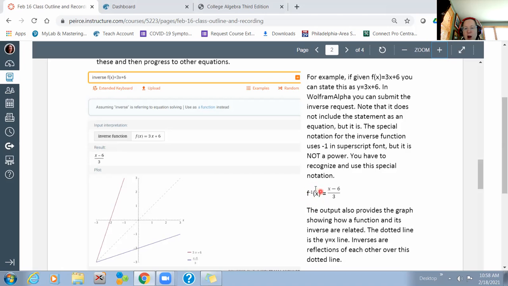Also, keep in mind that last step of finding the inverse is, okay, now that we've solved again for y, I'm going to put the inverse function notation in where I had the y, because the function value is the y value. But now what we found we call the inverse function. So this special notation for functions has a -1 as like a power, but it's not a power.